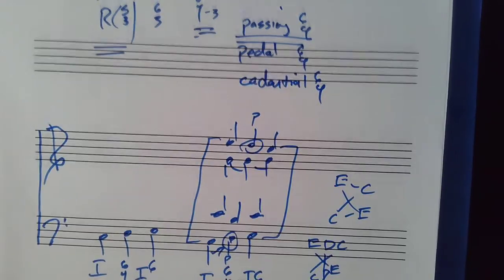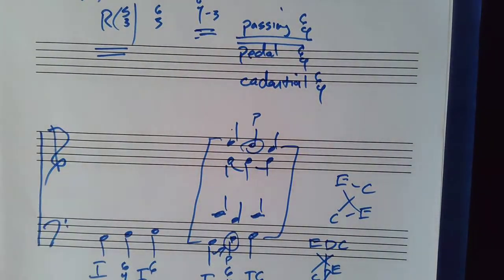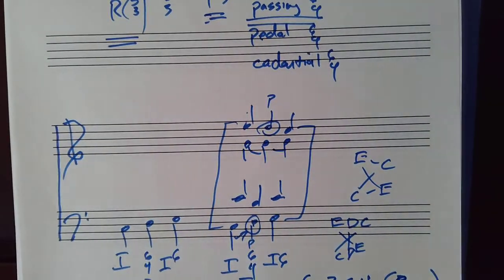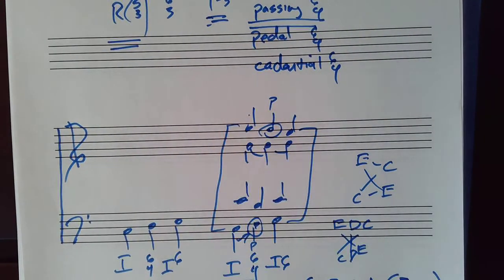Okay, so let's listen to what this sounds like. So first I'll just start with the one chord, and I'm just going to do soprano and bass. You hear that? That is the voice exchange, and I can do it with the chords.